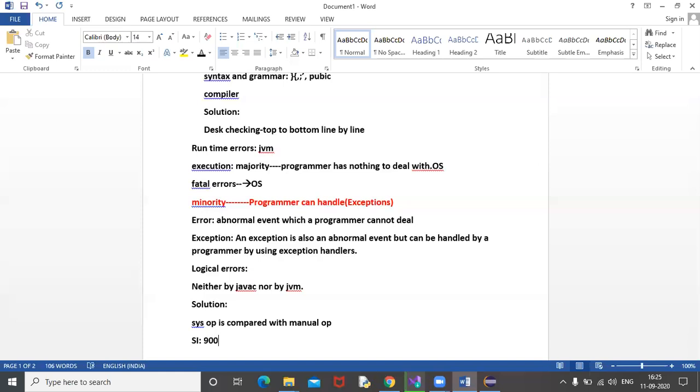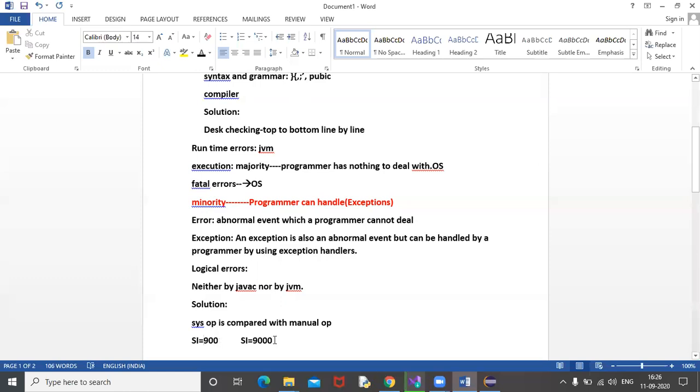The system is generating 900, but manually you have calculated and you are getting 9,000. So what is that difference? You are getting output, but not the desired one.